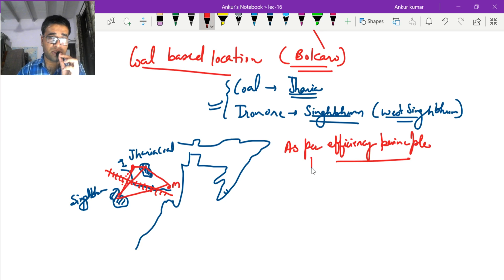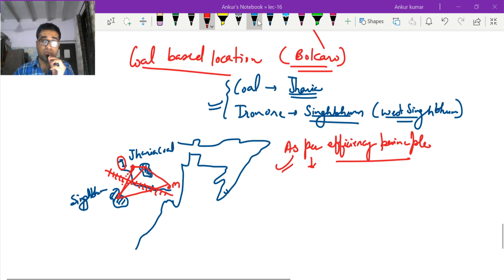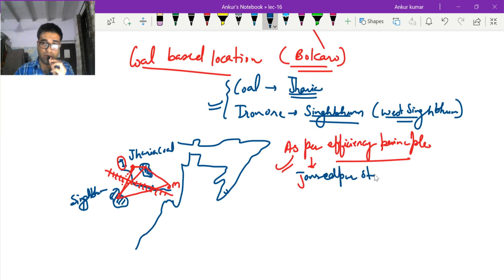According to the efficiency principle, it would be better if the train coming from Singhbhum to the industry location Bokaro takes back the coal from Jharia to the Singhbhum part. So this would be more efficient. And this efficiency principle led to the establishment of the Jamshedpur steel plant.